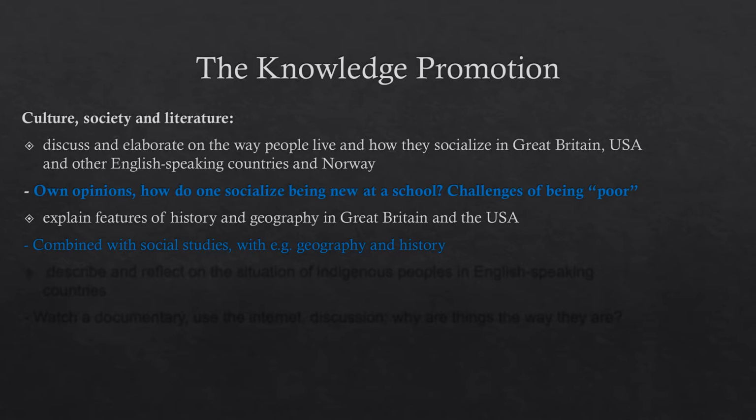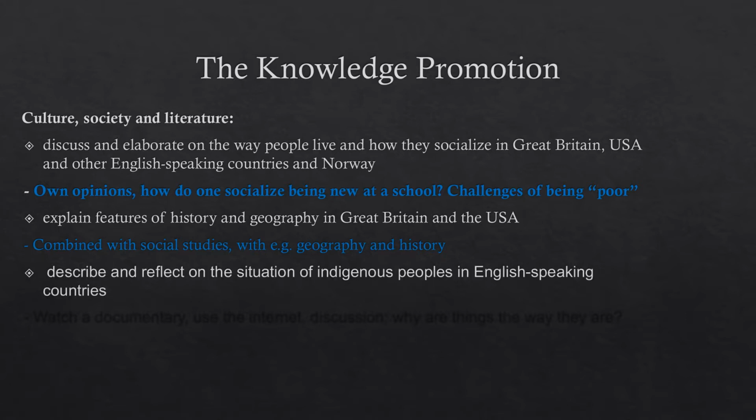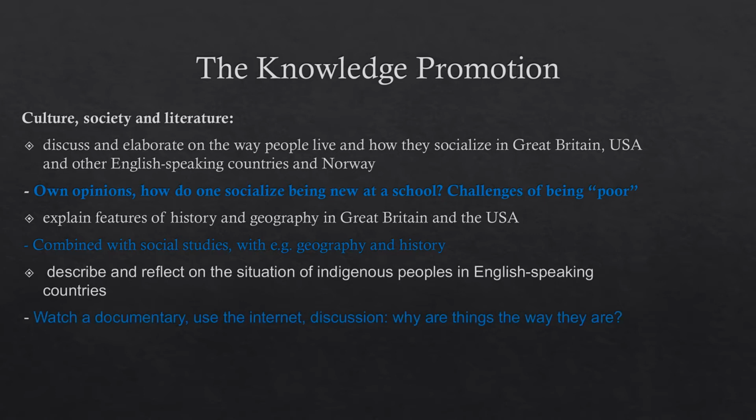So I would do some pre-reading in the social studies subject. Describe and reflect on the situation of indigenous people in English-speaking countries. Well, it goes without saying. Watch a documentary, use the internet. How are they doing now? Discussions, why things are the way they are.